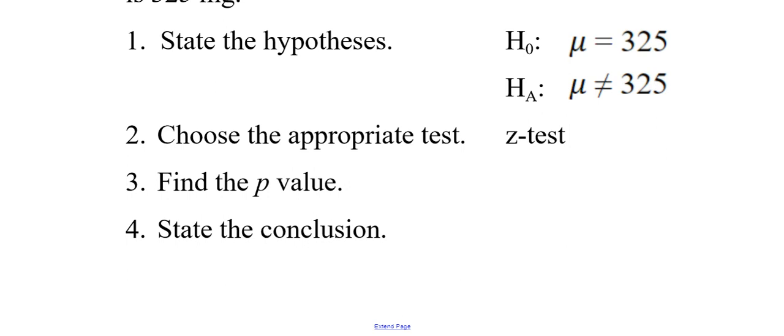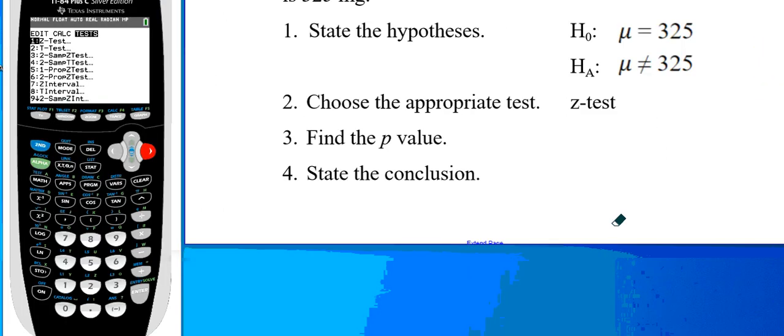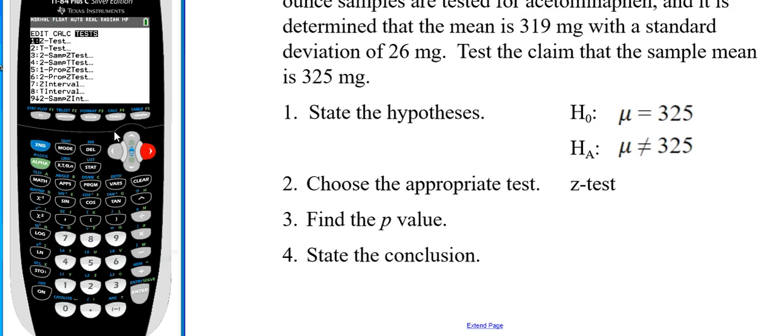Okay. Step 3, find the p-value. So I'm going to grab my calculator once again. Okay. And remember, we press our stat key, we go over to tests, and I'm going to choose that first choice, Z test. If you actually have all the numbers, you're going to highlight data, but if we have a summary of our numbers like we do here, we'll highlight stats.